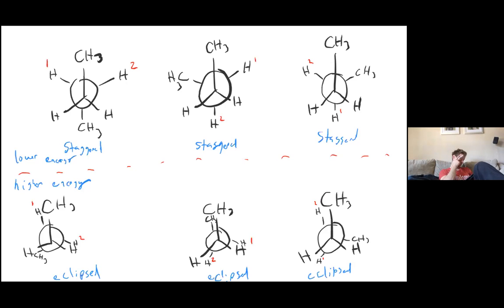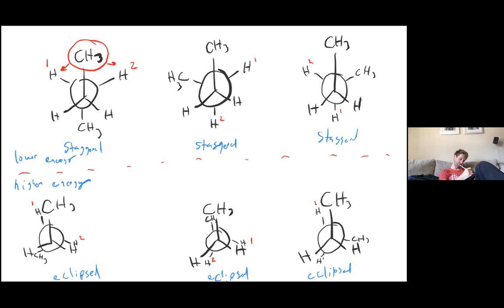So for the top part here, this CH3 I'm circling is next to 2 hydrogens, so that really doesn't get much of an interaction. It's really easy for it to be next to those 2 hydrogens. So there's no energy cost to being in this position.